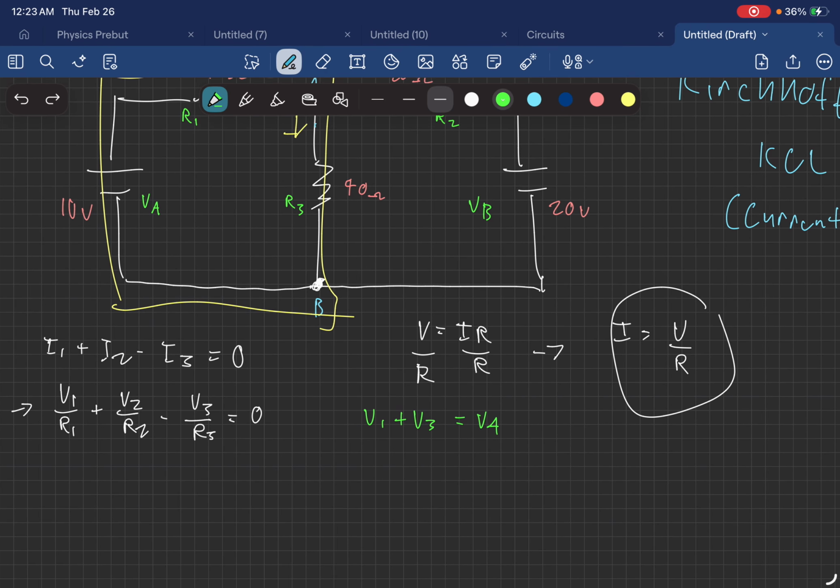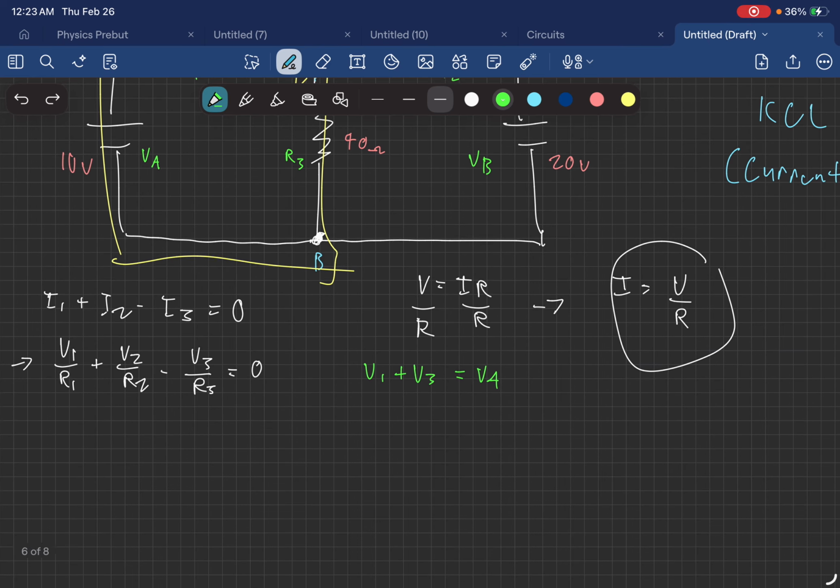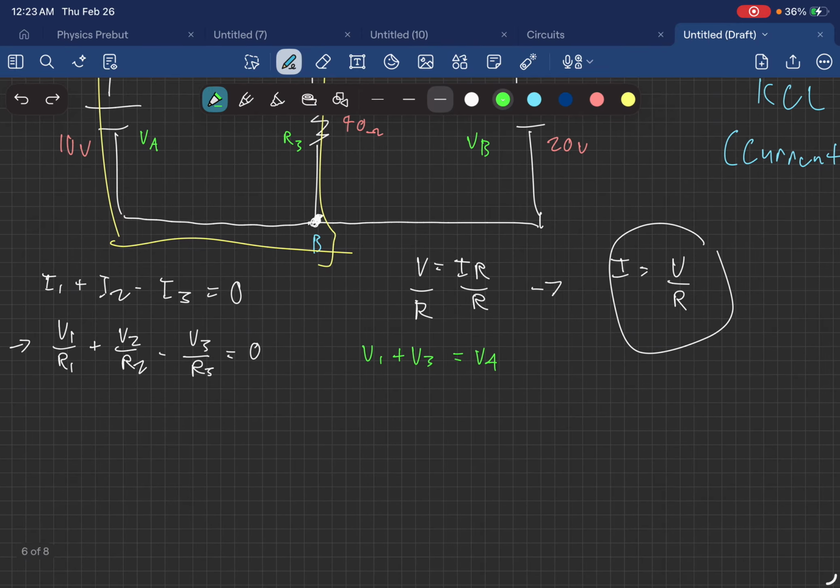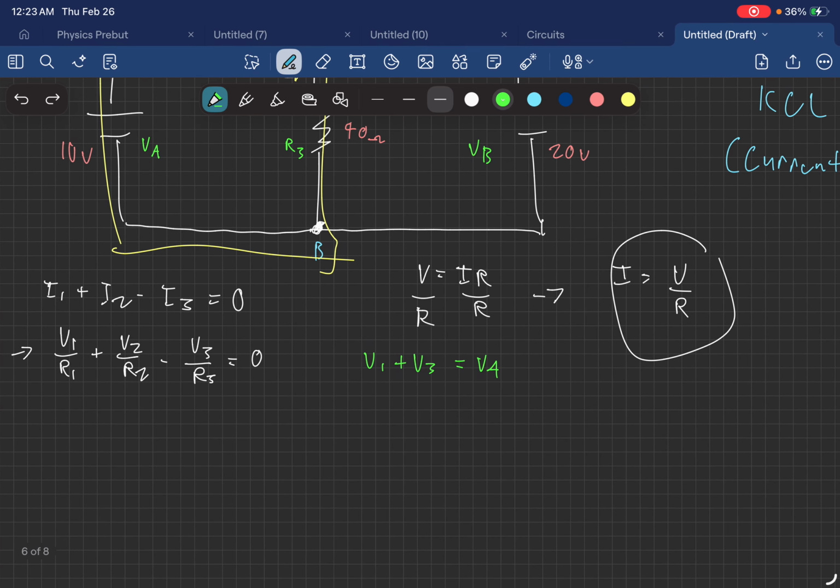Because you'll see later we'll isolate V3, we'll get our voltage, and then we'll get all of our values. So we want to isolate V3. We just transpose V1. So, we want to get V3 out of V1. So how do we do that? We're gonna substitute this into V1. So first we isolate V1.